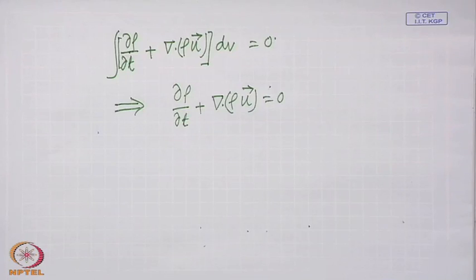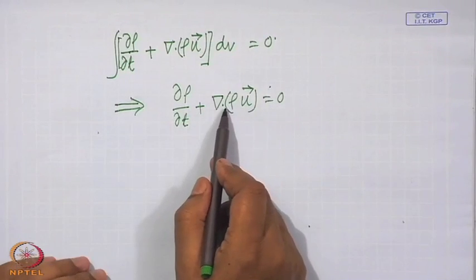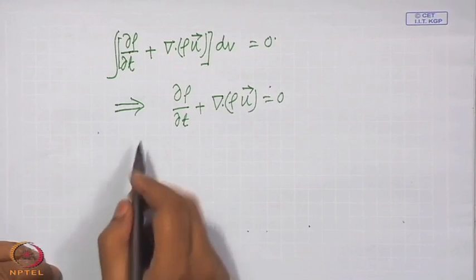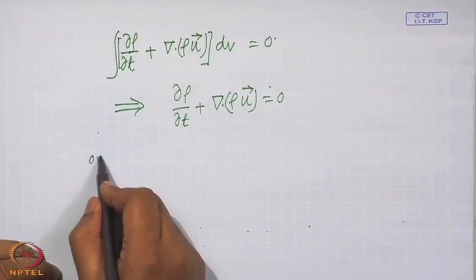See, this divergence of rho u can be expanded as a derivative of products, and this can also be written as.